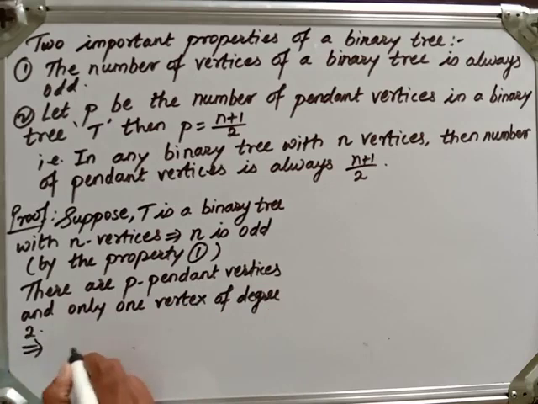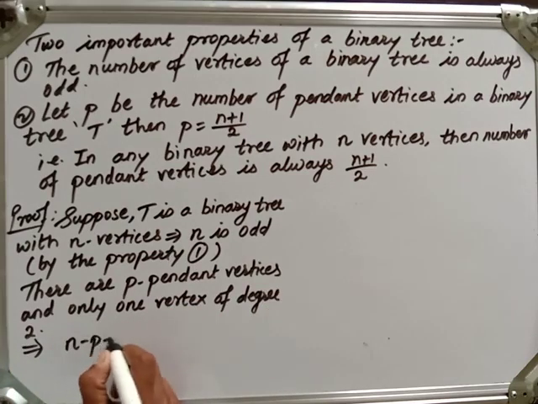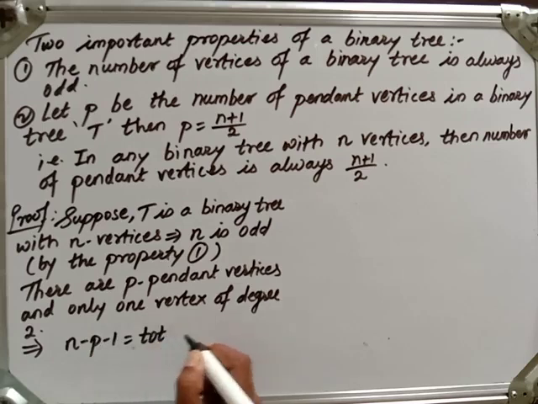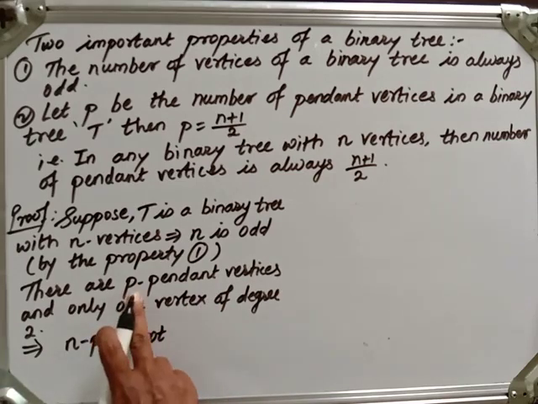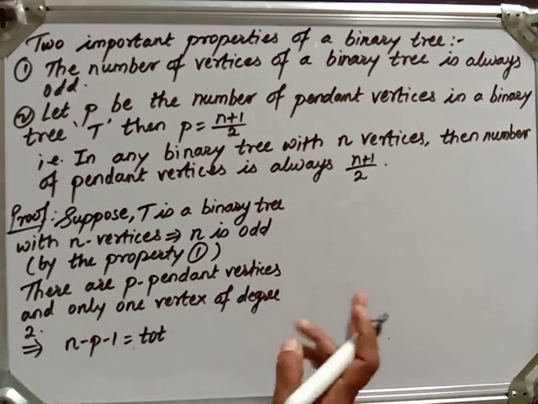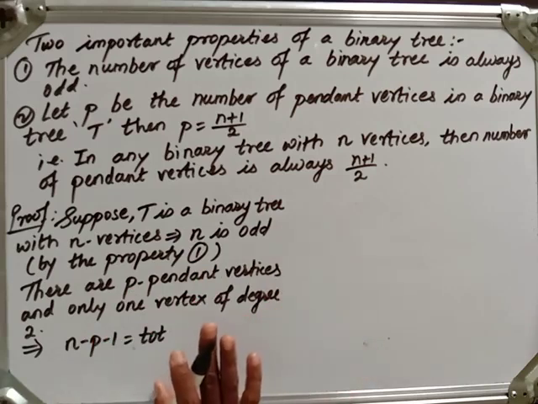So that gives n minus p minus 1, that is the total number of vertices of degree 3. Because it is a binary tree, there is one vertex of degree 2 and p vertices of degree 1, and then the remaining vertices are of degree 3.